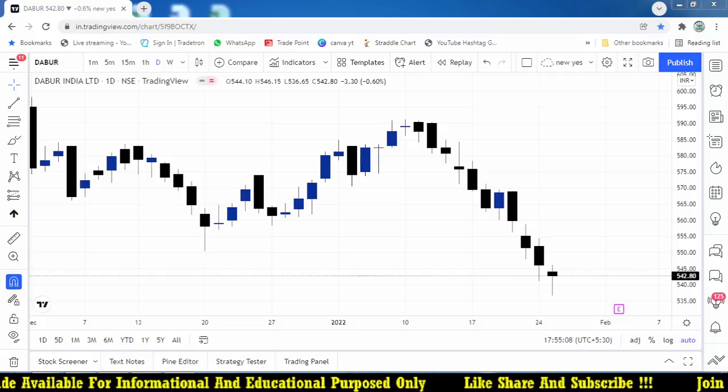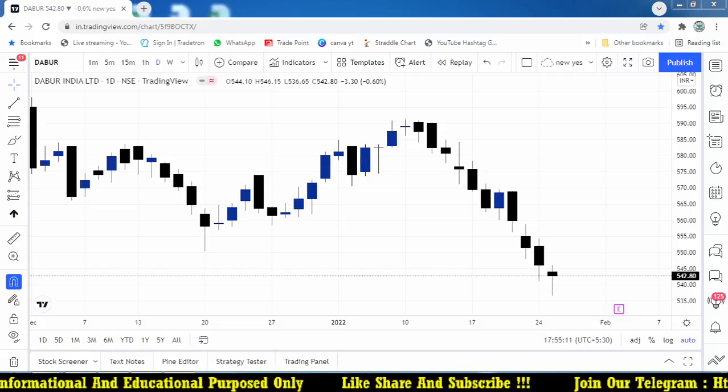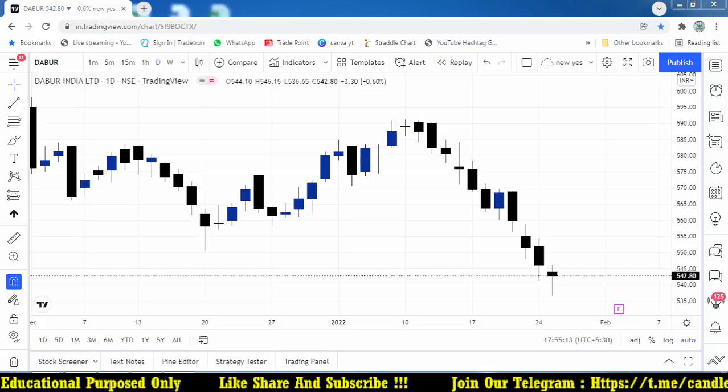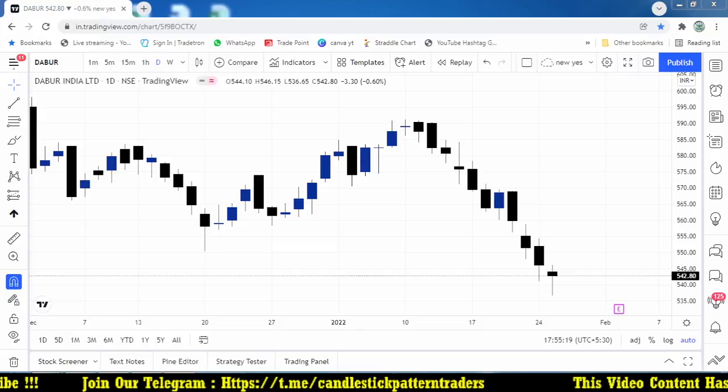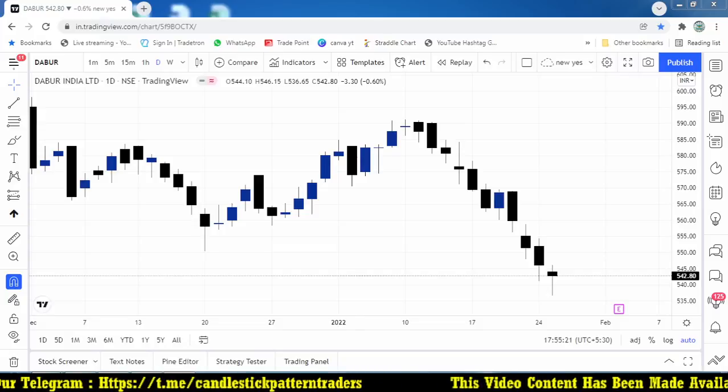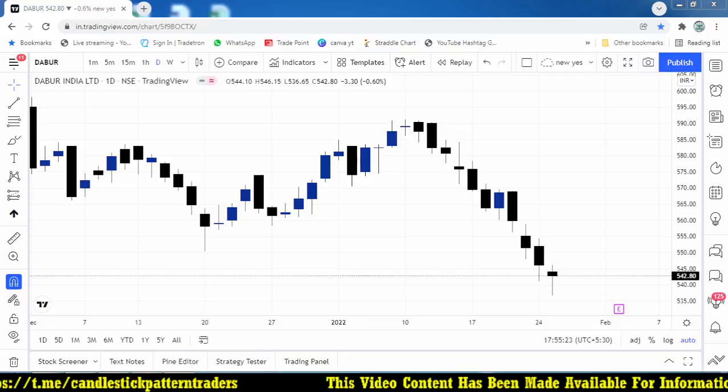Once such a doji is present, we may have a good opportunity to take a positional trade. This is for a positional trade, and not for an intraday trade. Here I'm going to use a doji candle for the positional trade, and discuss what logic we are going to use for this particular strategy.